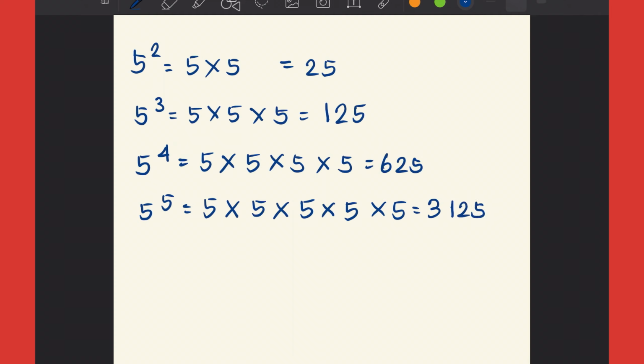Now, how would you explain how to work out 5 to the power of 8?